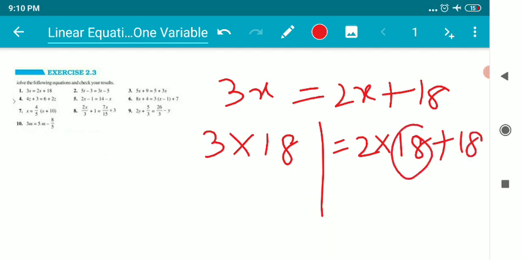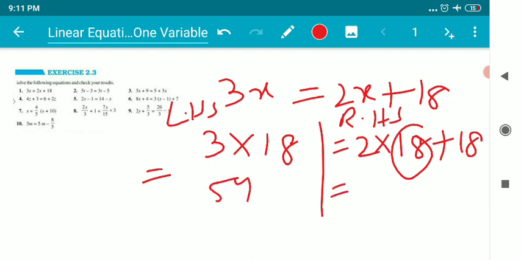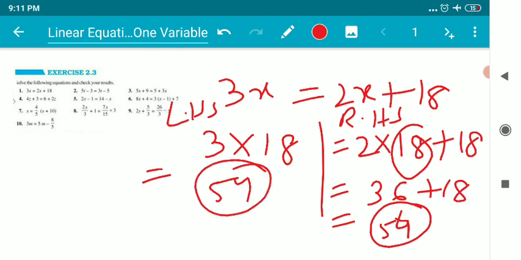Children, this 18 I got from the value of x. So let us check. This is my LHS, and this is my RHS. In LHS, 3 18s are 54, and in the right hand side, let's see what comes. 18 2s are 36 plus 18. So 36 plus 18 is 54.